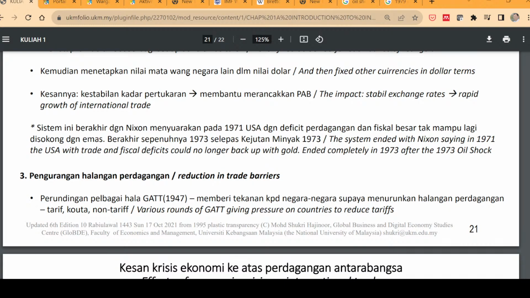So GATT was a general agreement. I want to emphasize the word agreement because later on GATT was replaced by the WTO in 1995. So what was GATT? Many rounds of GATT. Why agreement?